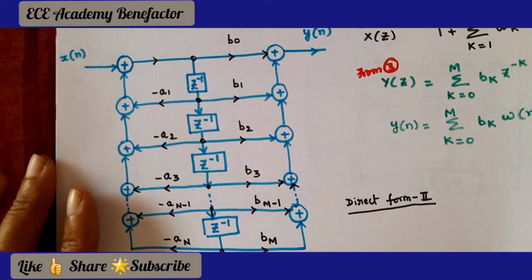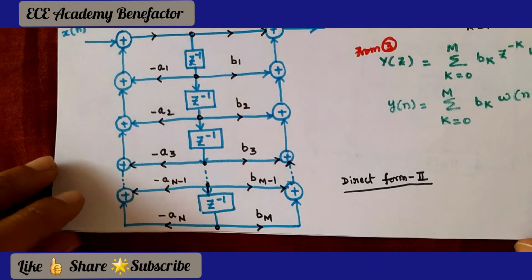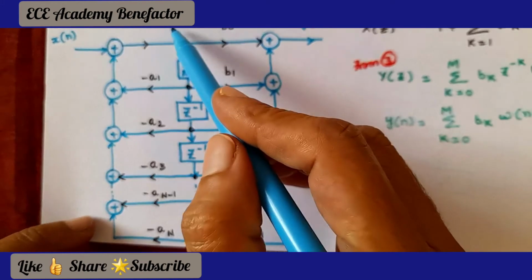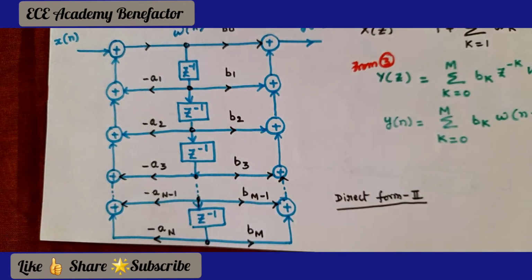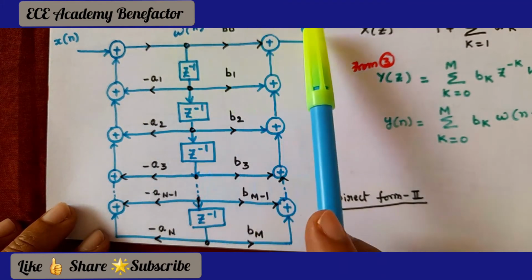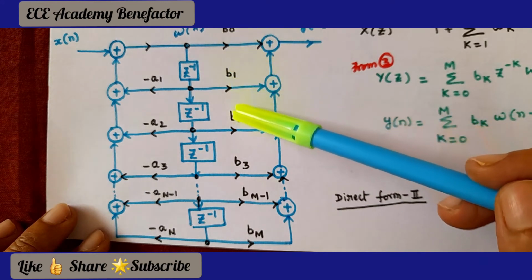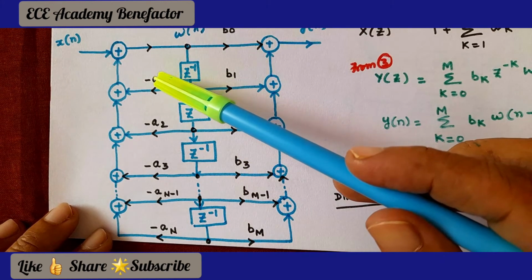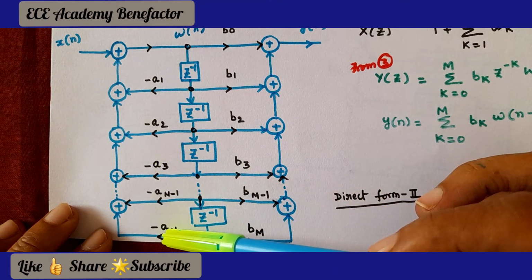After getting y(n) and w(n), we can draw the direct form 2 structure in this form. So x(n), w(n), y(n). Here it is b0, b1, b2, b3, bM, and on this side it is minus a1, minus a2, minus a3, minus aN.